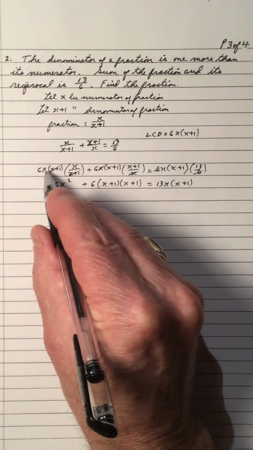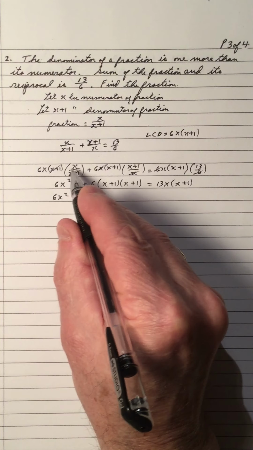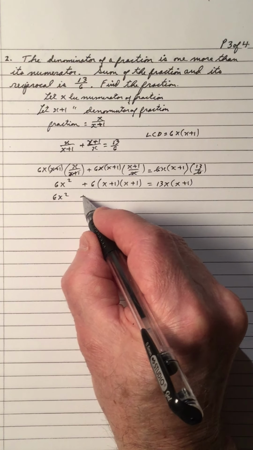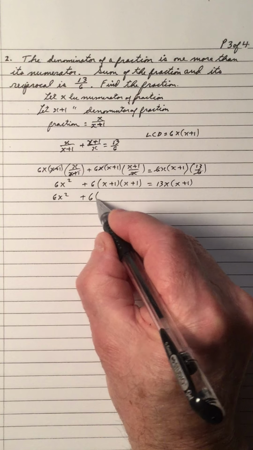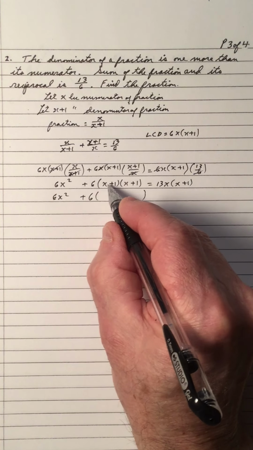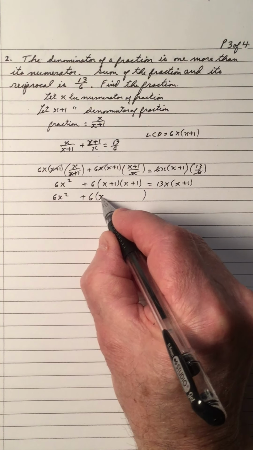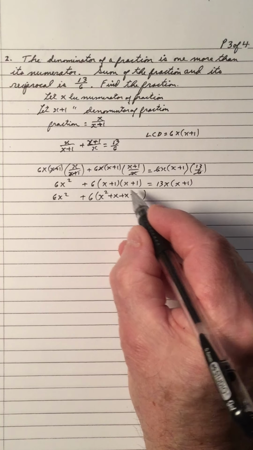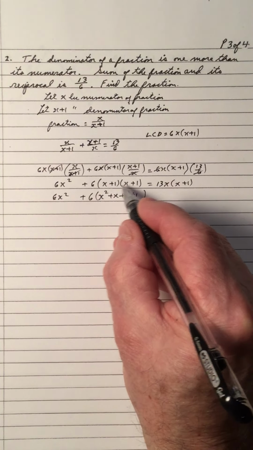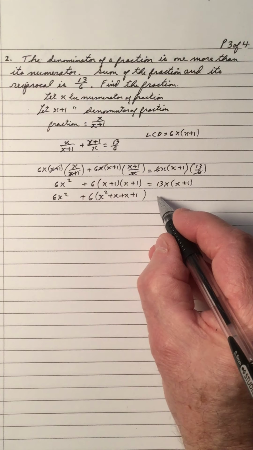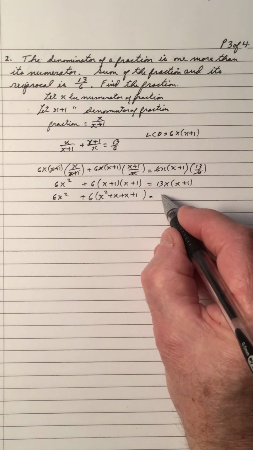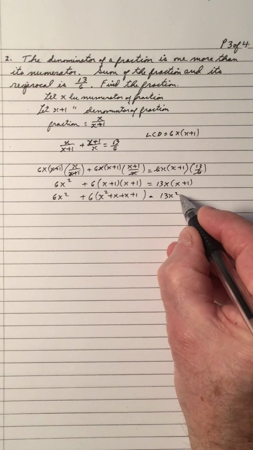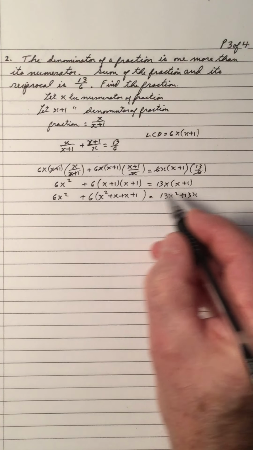I multiply this because it was easy. 6x times x is 6x squared. So when I multiply these two, I will multiply x plus 1 times x plus 1 by FOIL as x squared plus x plus x plus 1. First, outside, inside, last. And I multiply this one, I get 13x squared plus 13x.